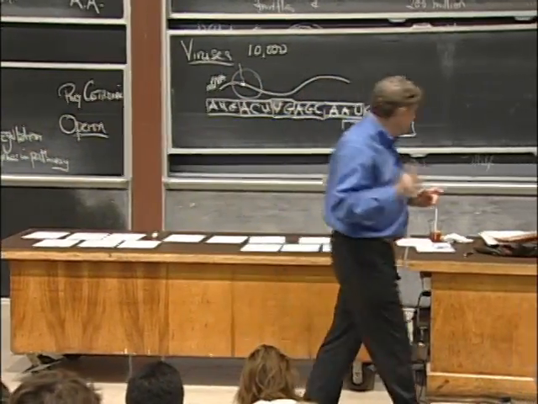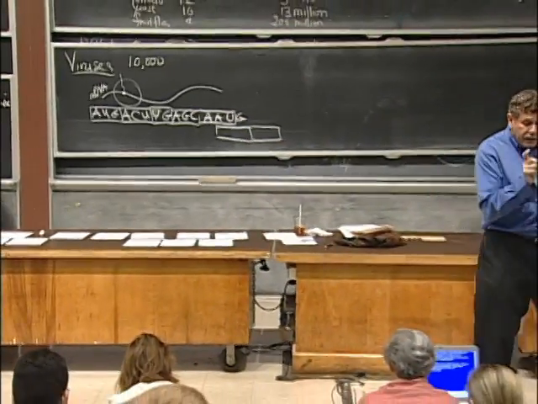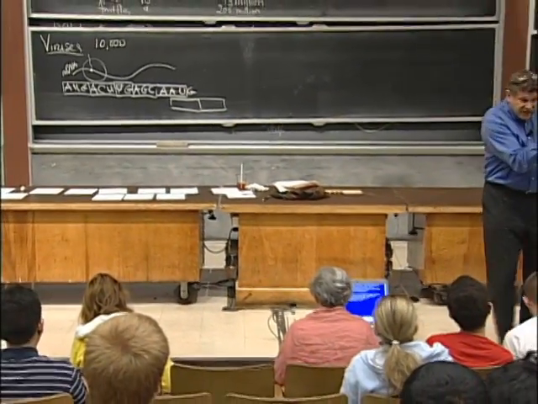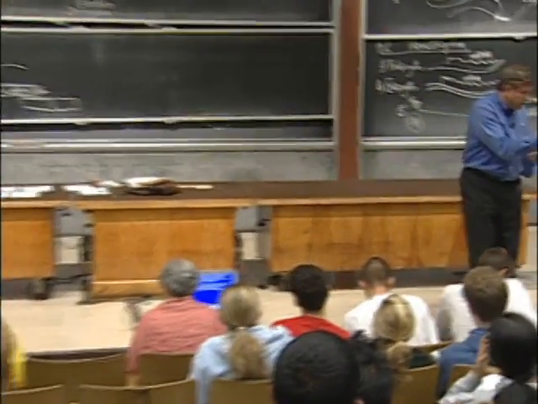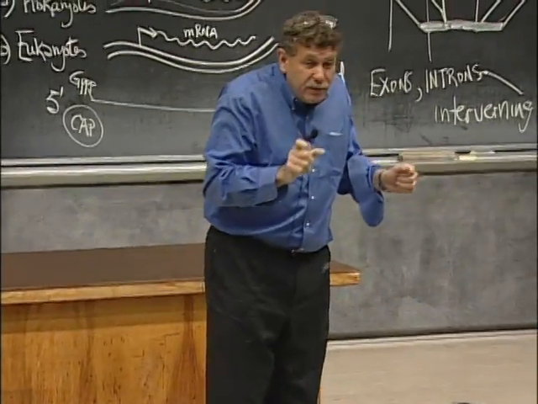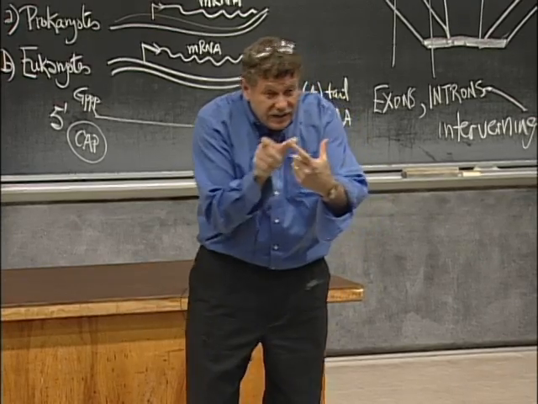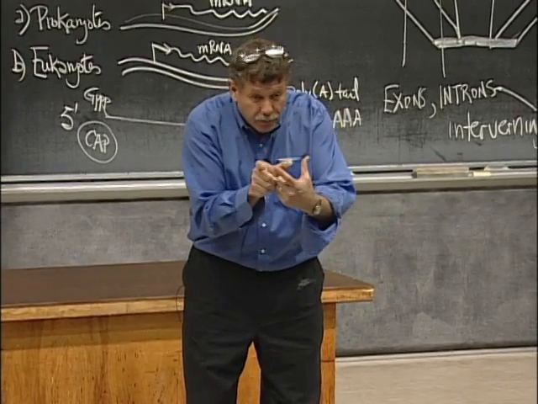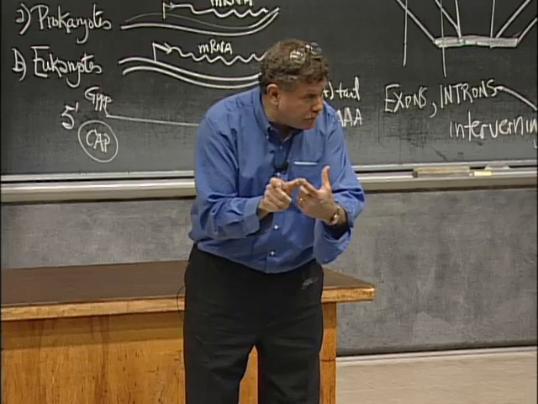Remember, the first AUG in normal messages gets used to set the phase of the codons. But in theory, I could be reading those codons in a different reading frame, shifted over by 1 or shifted over by 2.